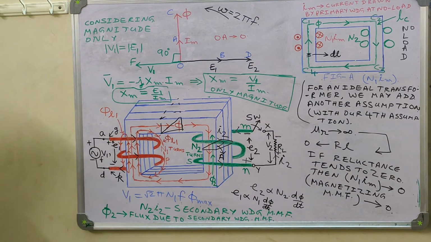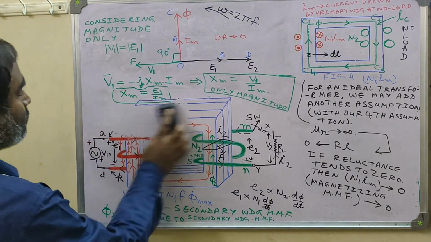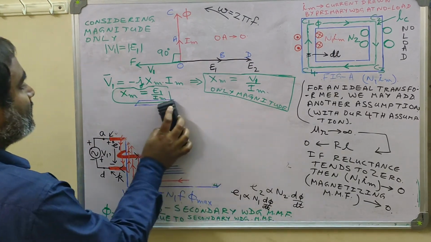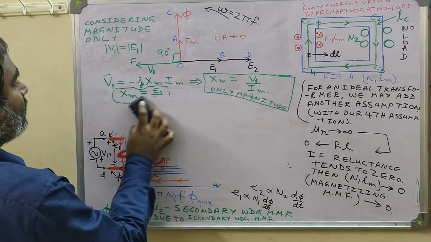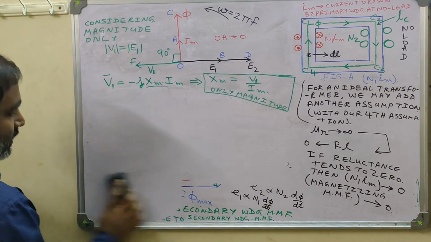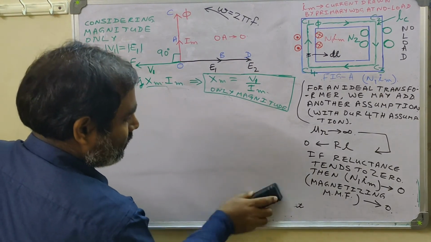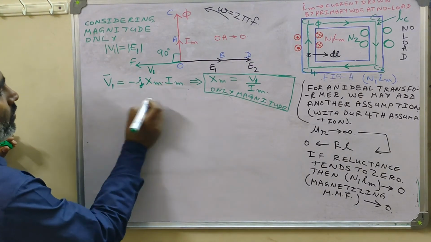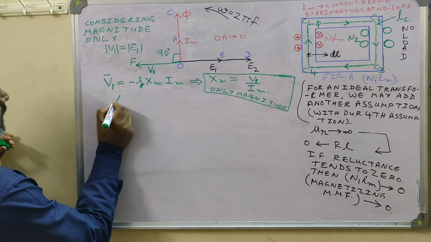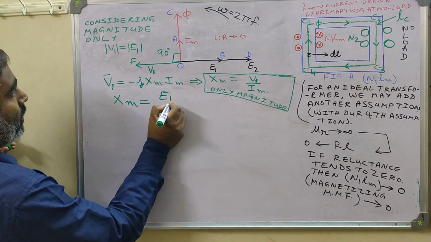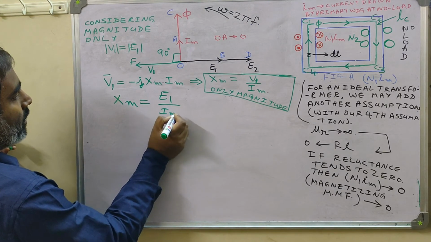So we may write it here. Let us write it, because this is a thing which is asked in some of the multiple choice questions or examinations. Let me rewrite what we have written: Xm is also equal to E1 by Im.